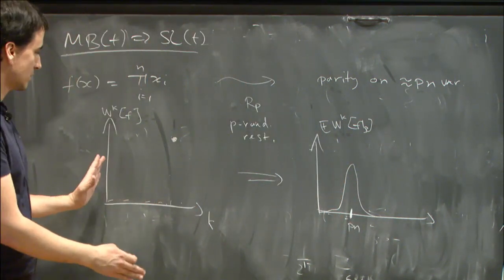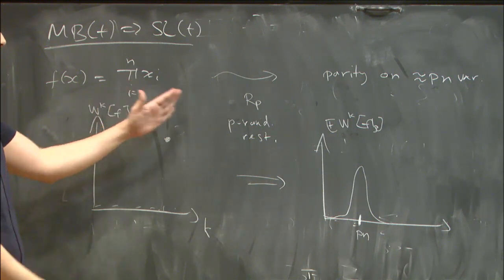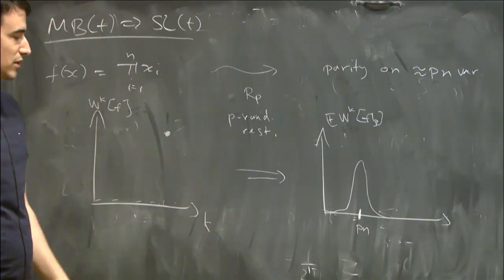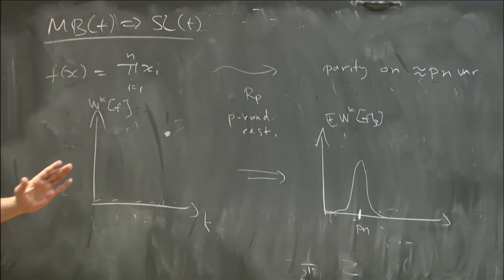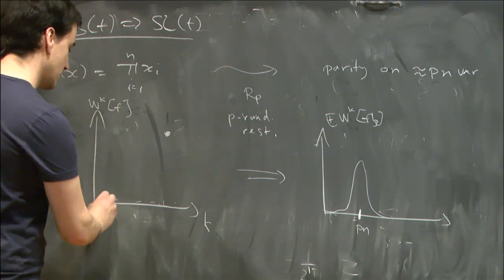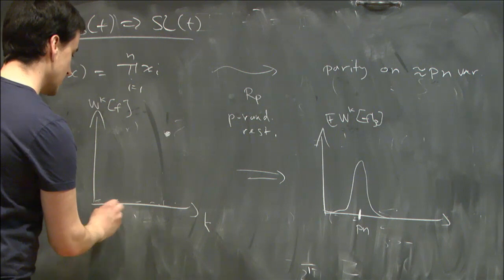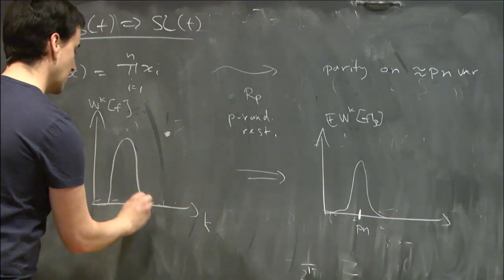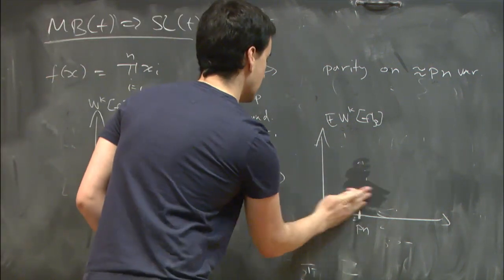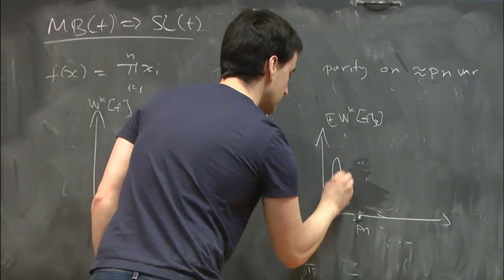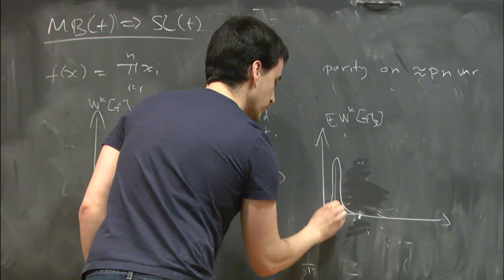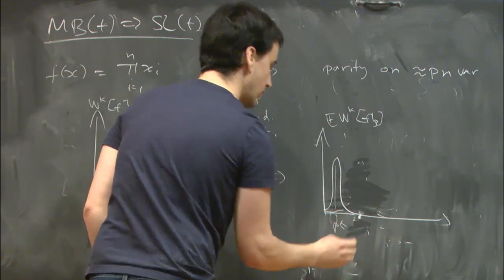So this is true for the parity function. It is pretty easy to see. But it turns out that this is the case for all Boolean functions. If you know the spectrum, let's say the spectrum is something like this, and this is some t, then it moves to something like this, around pt.